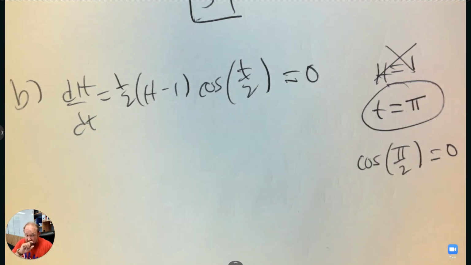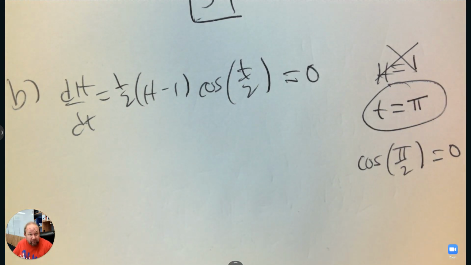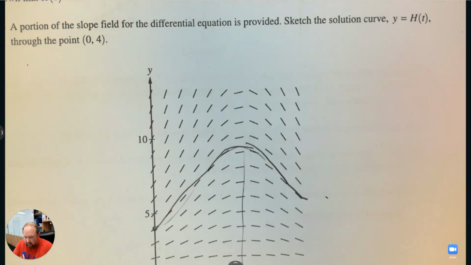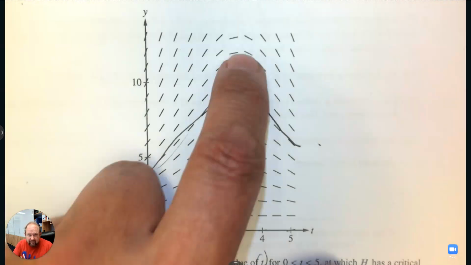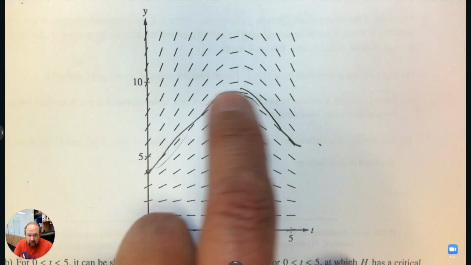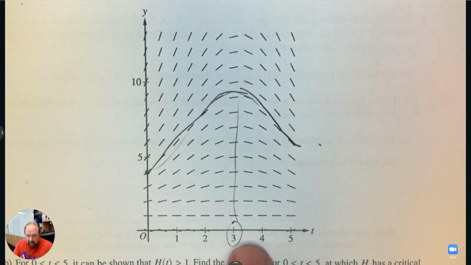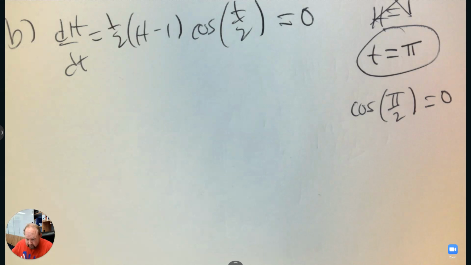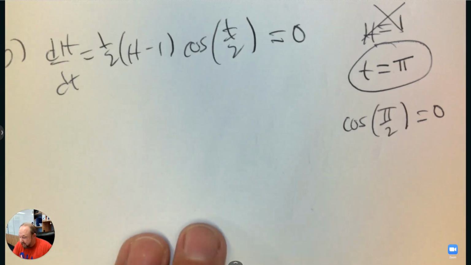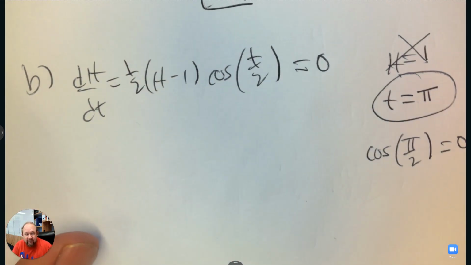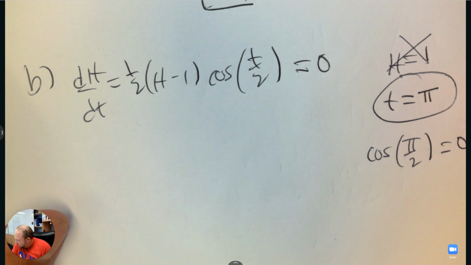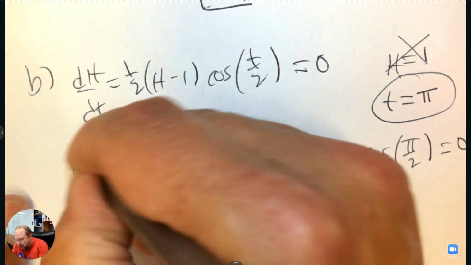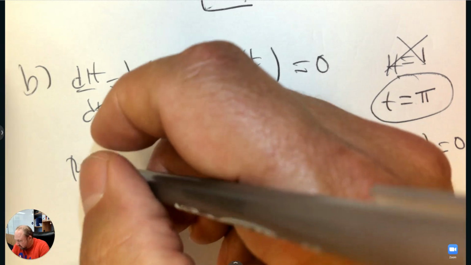So what value is there a turning point? And that makes sense because pi is like 3.14 or so on, that it's very close. And you can see, yeah, that lines up to my solution curve, that it's 3.14 or pi. So we found where that is. Then the question is, what is it? Is it a relative max or min? And it's a relative max off the solution curve.